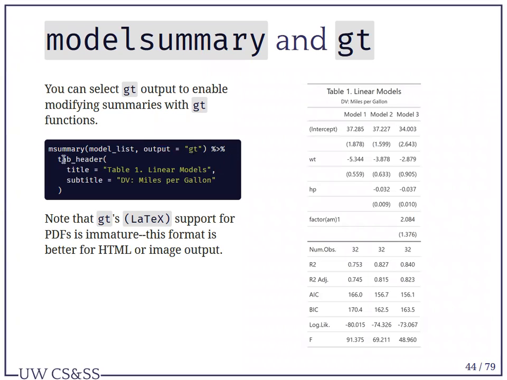And then we'll use tab_header, and we can just use regular gt syntax to create different parts of our table that way. Note that gt's LaTeX support for PDFs is immature. This format is better for HTML or image output. It's kind of changing all the time, but I would still say that you might want to use the kableExtra version of Model Summary if you're interested in PDF output.